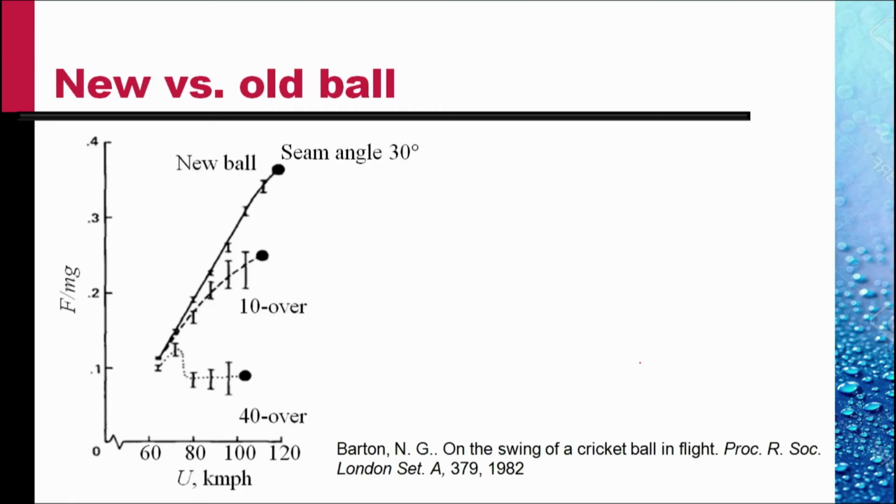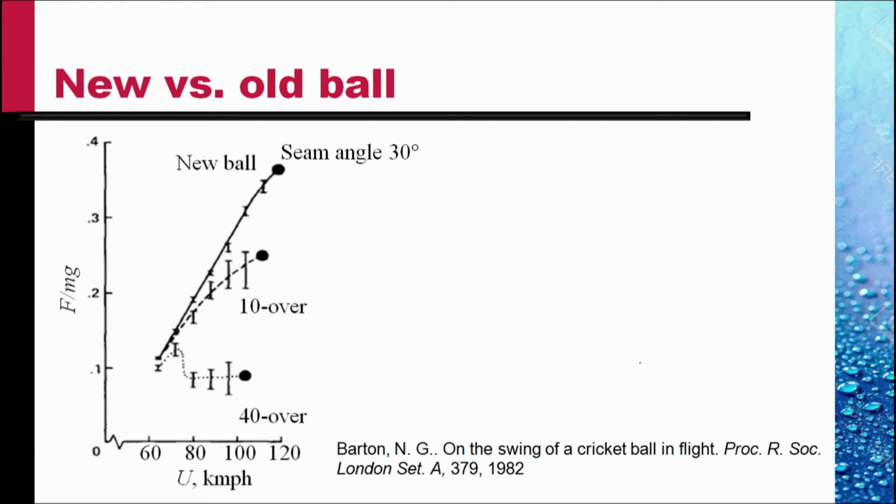This is also seen in new versus old ball. If the ball gets old, even after shining, the surface which we had tried to maintain smooth is no longer smooth.